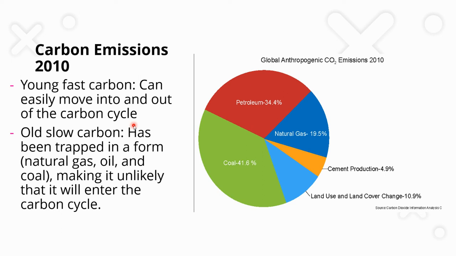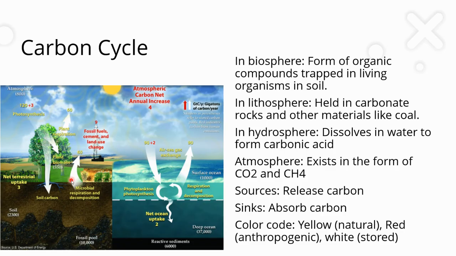And there's old slow carbon that has been trapped in the form of natural gas, oil, and coal. Like if you look at the previous one, you see in the soil 2300 petagrams of carbon, and in the fossil pool there are 10,000 petagrams of carbon. These are the slow carbon that's been there for millions of years.